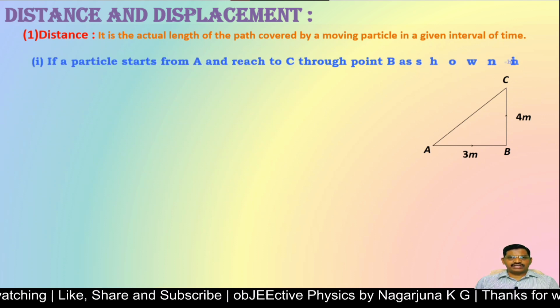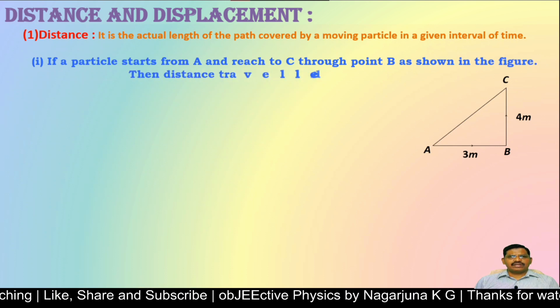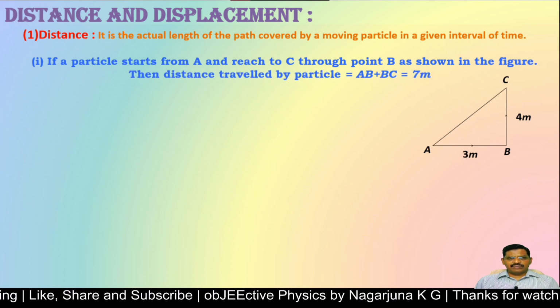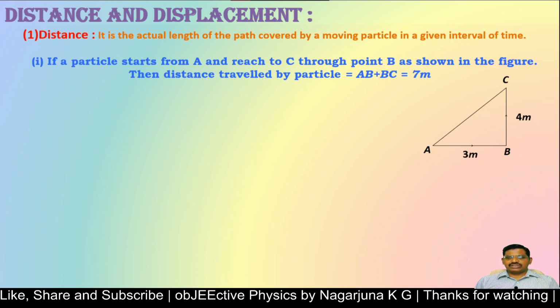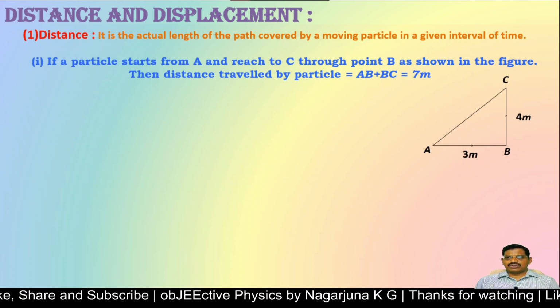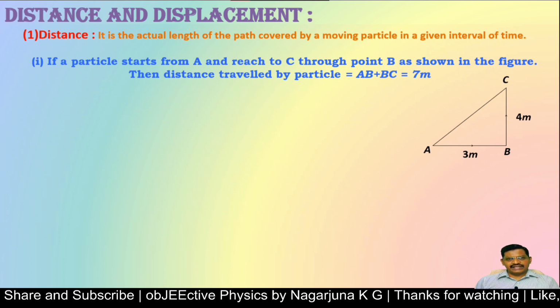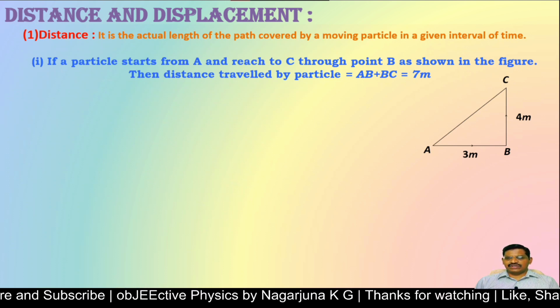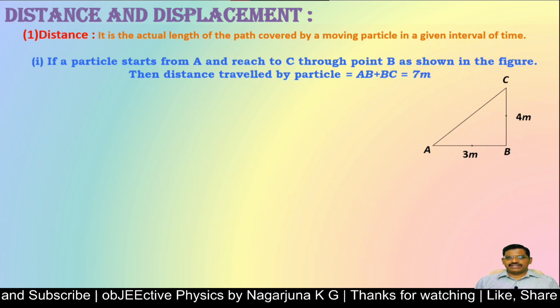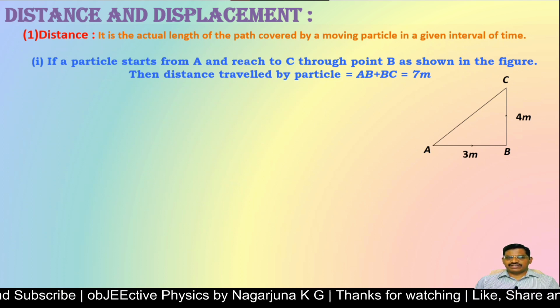First point under distance: if a particle starts from A and reaches C through point B as shown in the figure, then the distance travelled by the particle is equal to AB plus BC, that is equal to 7 meters.